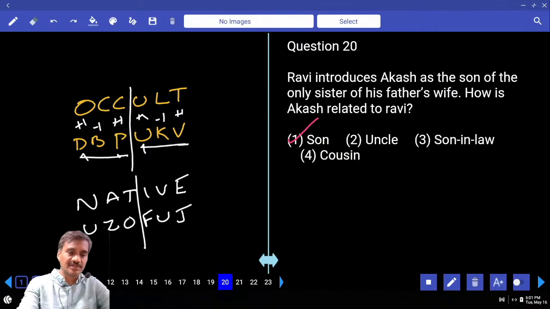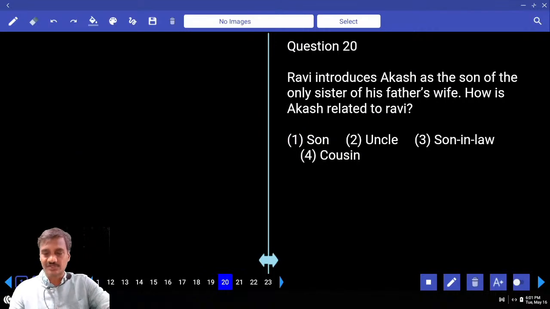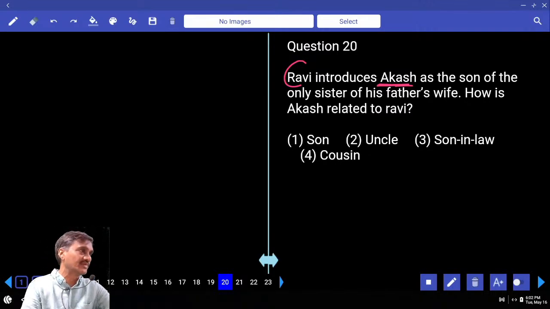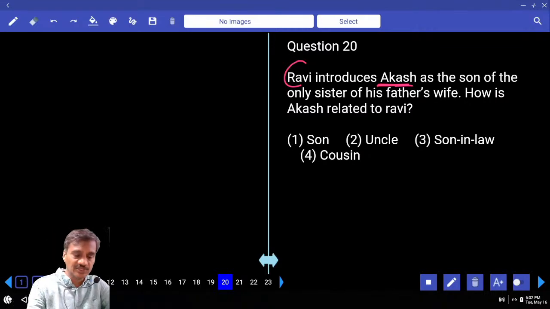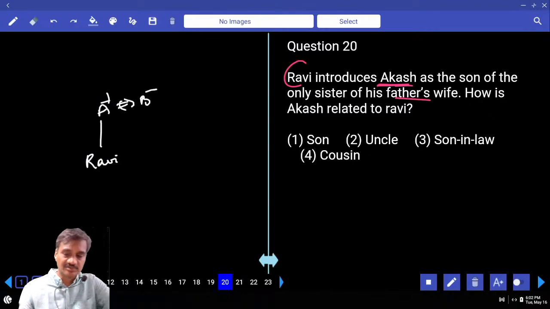Then coming to the 20th. Ravi introduces Akash as the son of the only sister of his father's wife. His father means whose father's wife? Who is the speaker here? Ravi is the speaker. Ravi is here and Ravi's father is there. Ravi's father's wife is none other than Ravi's mother.